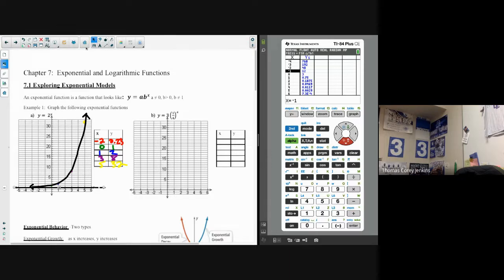And just put a few more on there. -1 goes to 12. 10, 11, 12. 0 goes to 3. We have that 1 goes to 0.75.